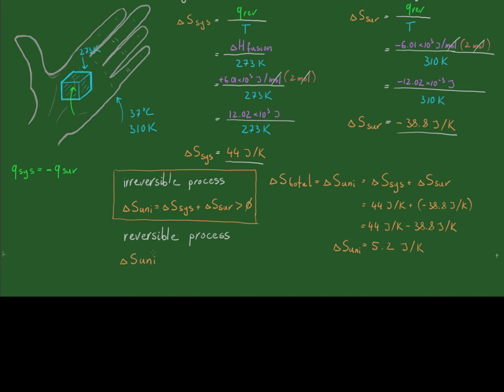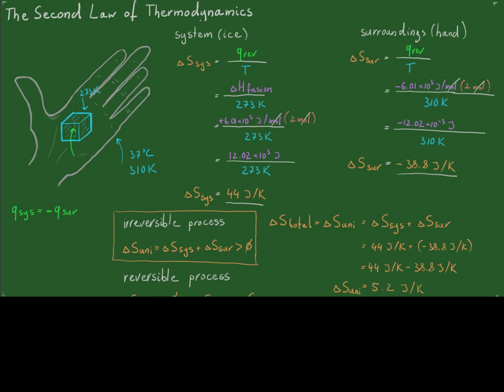So the overall entropy of the universe would have to be equal to 0. Or the sum of the entropy of the system and the change in entropy for the surroundings would have to be equal to 0. So the best we can hope for, the ideal situation, is that the overall entropy of the universe would not increase. But the overall entropy of the universe is constantly increasing. And that is the second law of thermodynamics.